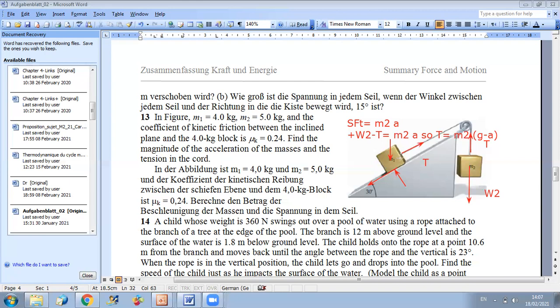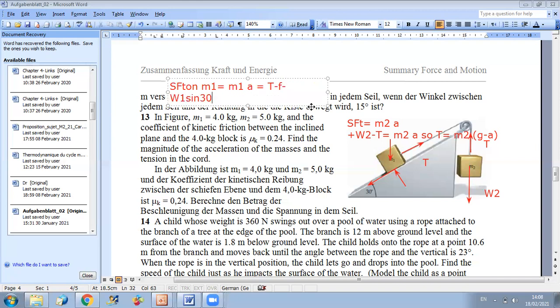Whereas if you take each block alone, for block 1 alone, the equation has T and has A. If I take M1, the sum of forces on M1 equals M1 times A, which, if you project the forces, is plus T minus the friction minus W1 sin 30.